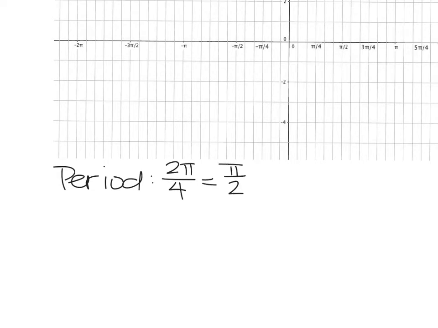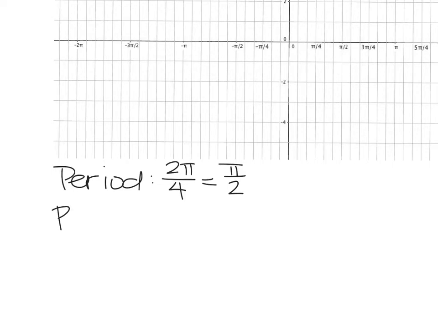So we're going to start with finding the period and the phase shift. For our function, the period is going to be 2 pi over b, and in this case b is 4. So it's 2 pi over 4, which simplifies to pi over 2, which means we can fit one cycle of our sine graph in pi over 2.